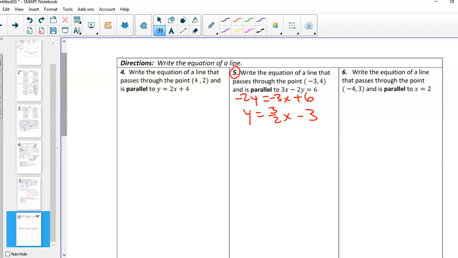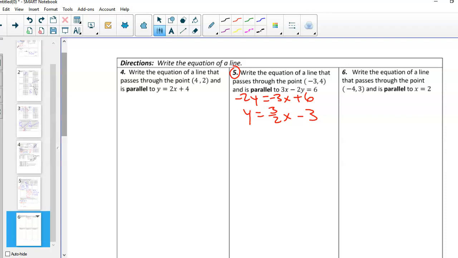So that's not our answer. It just helped us find the slope we were looking for. We now know our slope is 3/2 of this line. If our new equation has to be parallel to this one, what will that slope be?